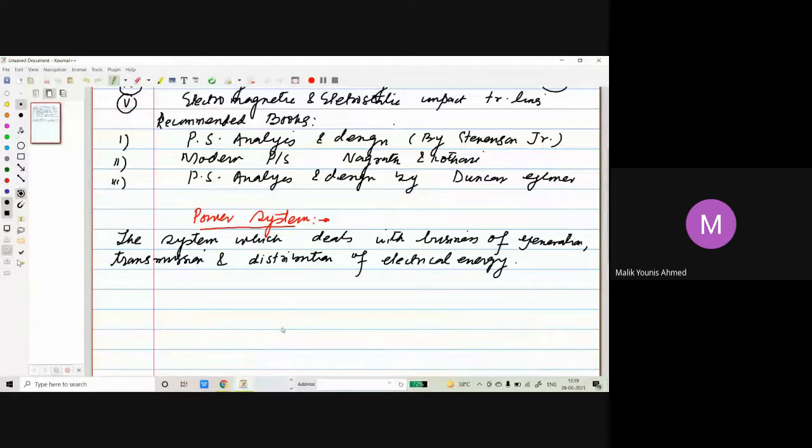This is the power system, and this is the most complex man-made system. So we also call it a very complex man-made system.